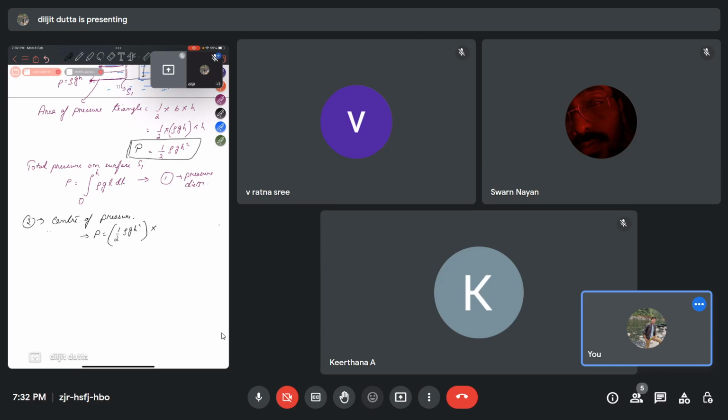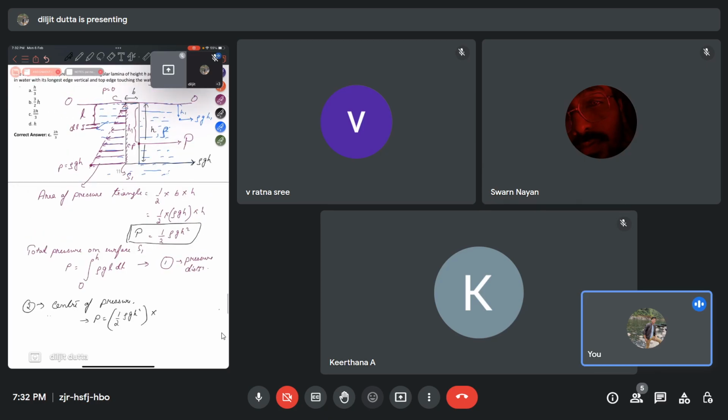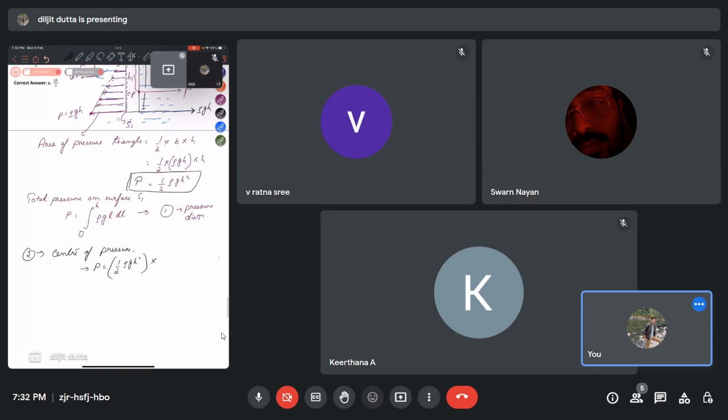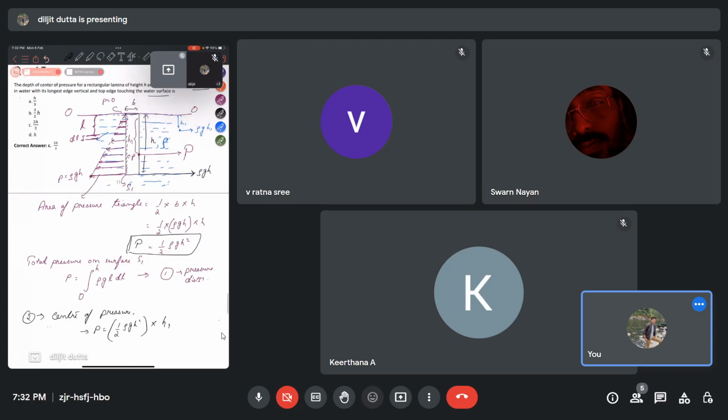This total pressure exerted by this triangle is P, which is equal to half rho g H square.